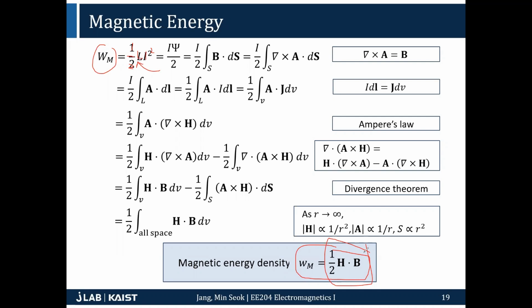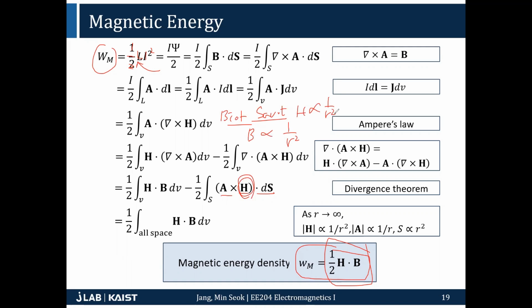And then Jung Yeonho asks, how can we ignore the A cross H dot dS term? Okay, so you probably remember the Biot-Savart law. The Biot-Savart law says that B is proportional to 1 over R squared, and so H is also proportional to 1 over R squared.